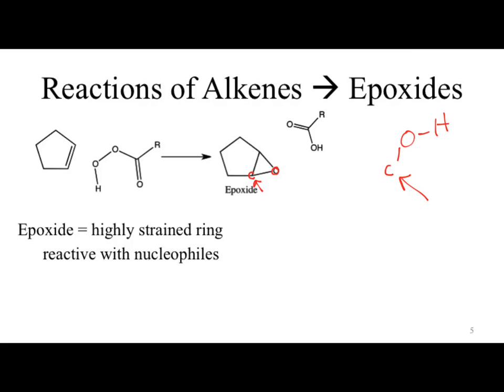It's an electrophile, which means our epoxide can be extremely reactive with nucleophiles. How can you tell if it's a nucleophile or not? What we're looking for is anything that is negative or has lone pair electrons.